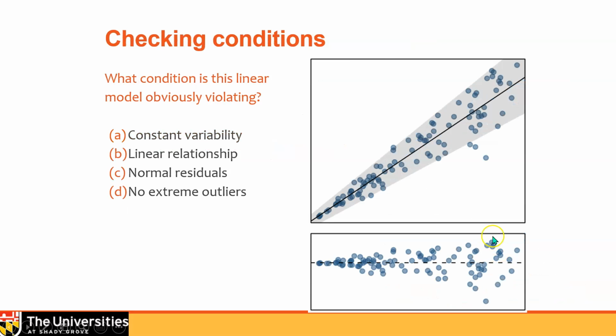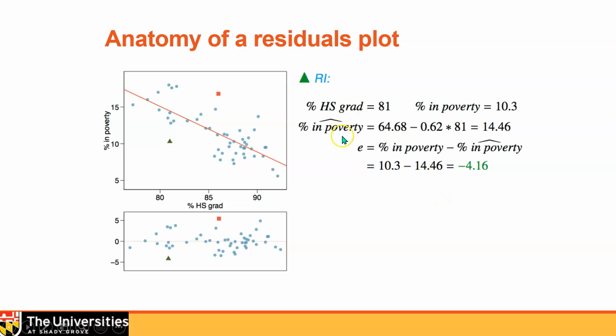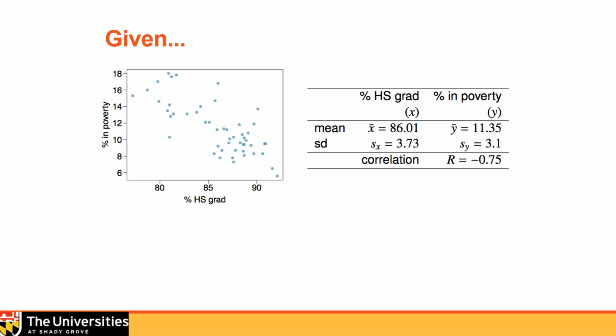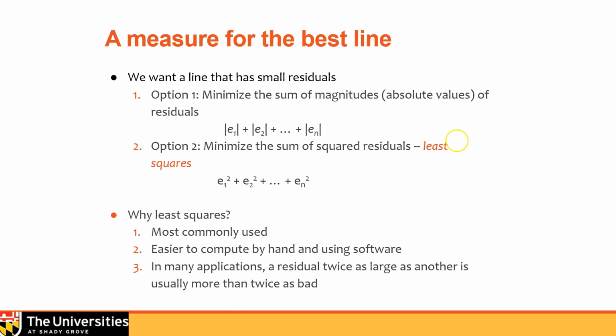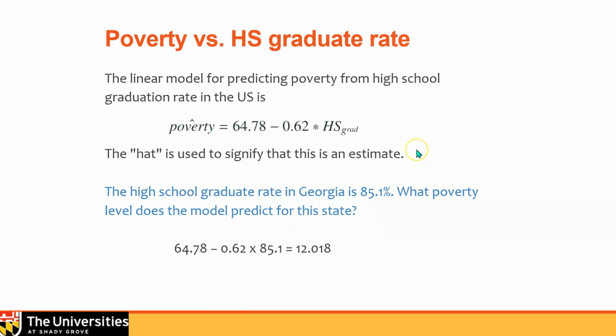Our linear model says that there's a relationship, that the percentage in poverty can be predicted by a relationship that looks at the percent of high school grads. Let me go back to the original. Sorry about that. Okay, yeah, there's our model. It's a model based on the high school grads.